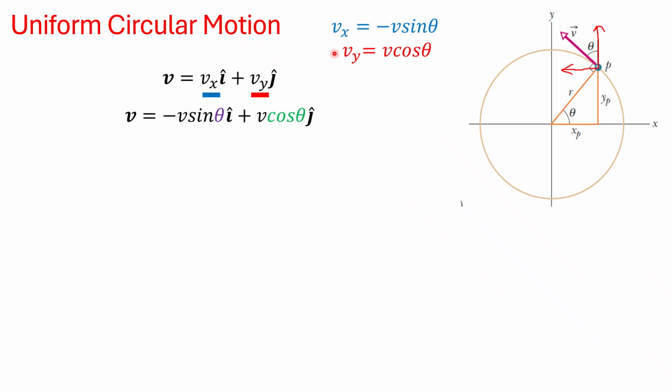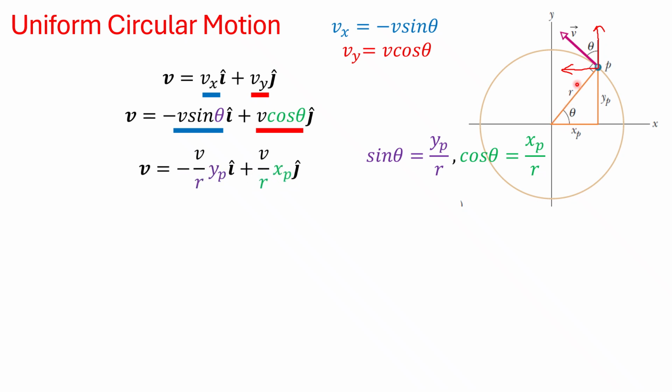If we replace vx and vy from this circular geometry equations, we obtain v bar. And now we want to replace sine theta and cos theta from this triangle. Here the sine of theta will be the front, yp, upon the hypotenuse r, and the cos of theta will be the adjacent, xp upon r.